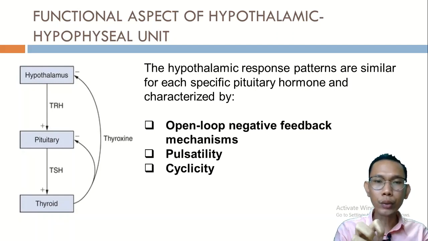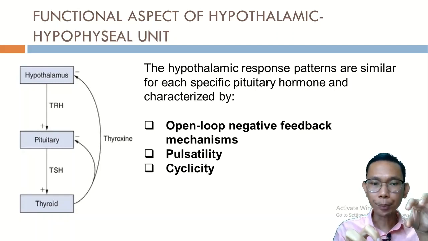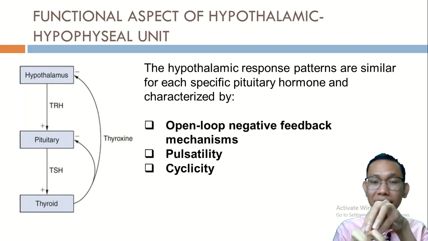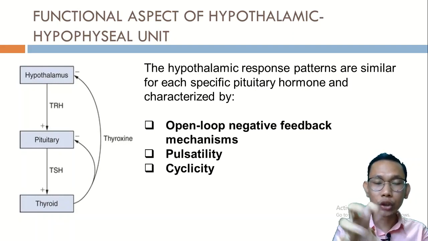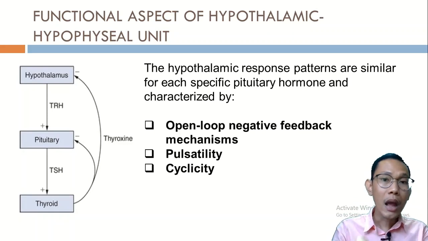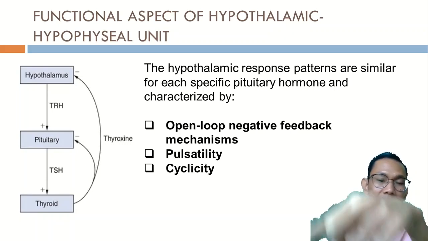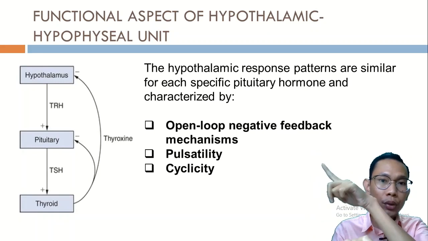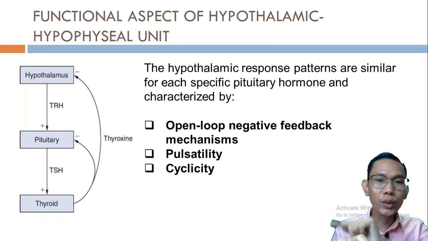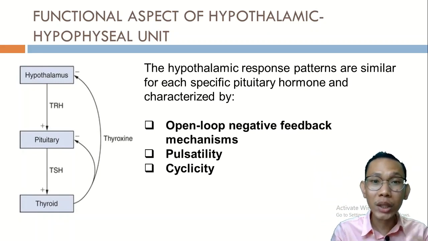Now in your uterus, when your oxytocin attaches to the target cells of your uterus, it causes contraction. This contraction will further stimulate the release of your oxytocin. It will send signals again to your hypothalamus to release more oxytocin. In short, you are actually amplifying the action of oxytocin.